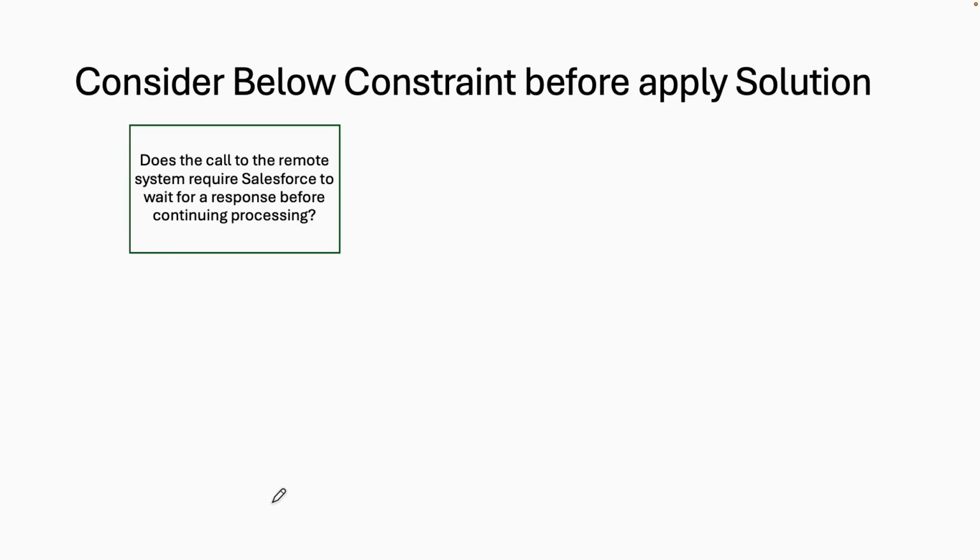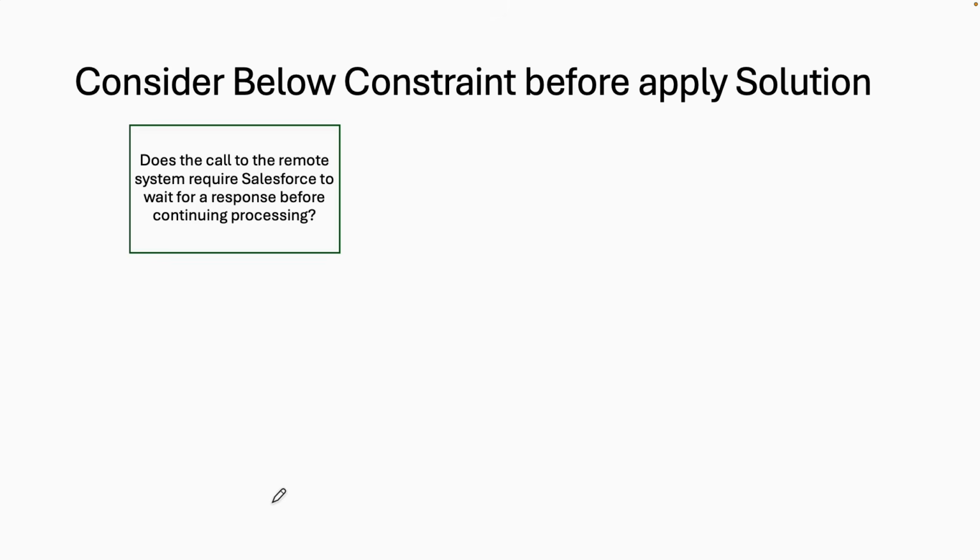Now, here I have put a few questions that you should definitely have answers to before you go for this implementation. These are typical questions you should ask your architects, or you should have a good understanding of these FAQs before you implement this pattern. The first one is: does the call to the remote system require Salesforce to wait for a response before continuing the processing?